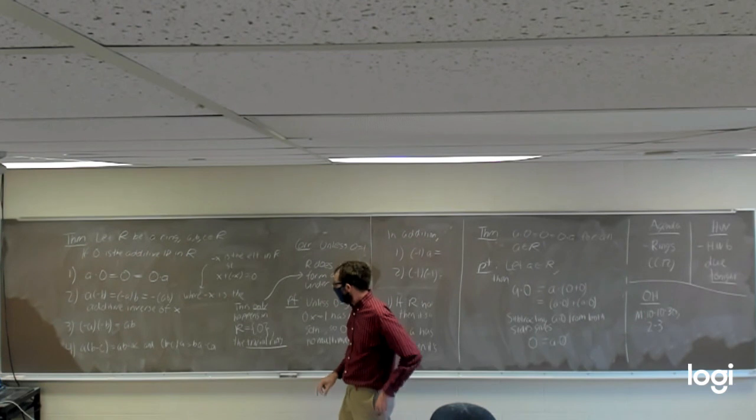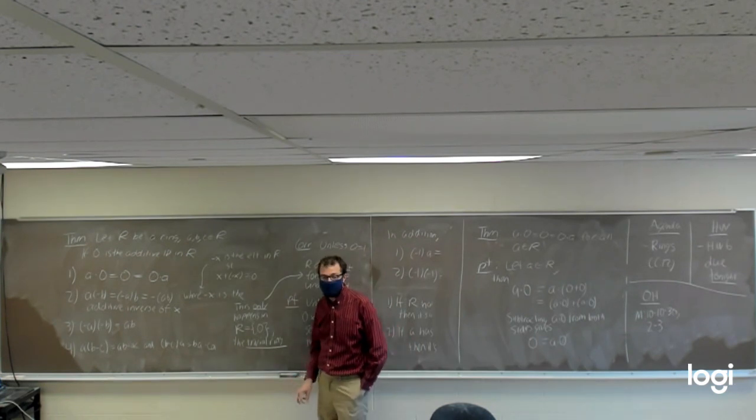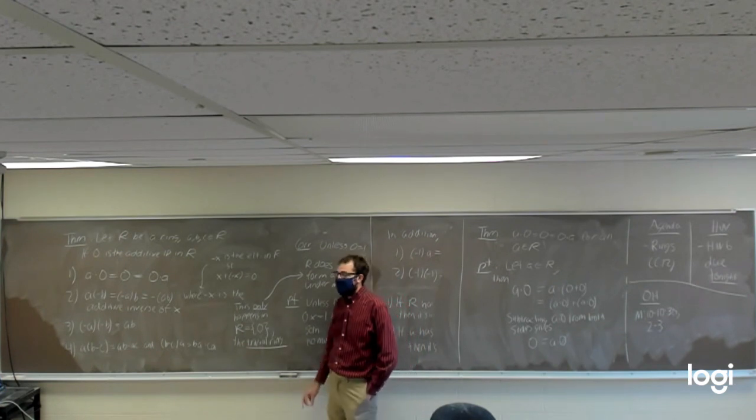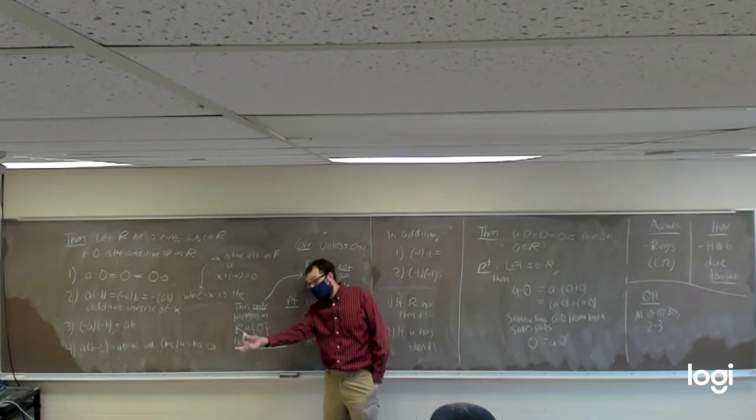Turns out the only way you can have the additive and multiplicative identities be the same is if your ring literally has nothing in it but that single element.